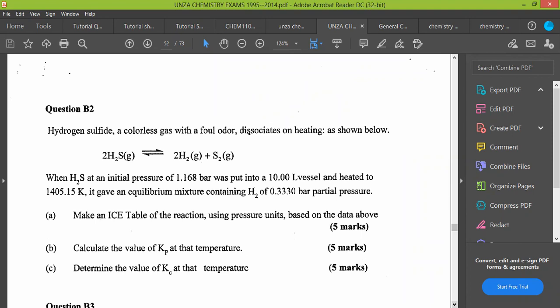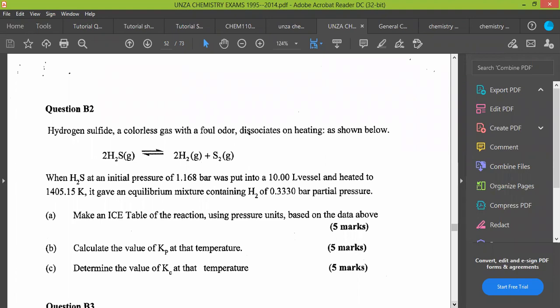Hydrogen sulfide, a colorless gas with a foul odor, dissociates on heating as shown below. So this is what you have. When hydrogen sulfide at an initial pressure of 1.168 bar was put into a 10-liter vessel and heated to that temperature, it gave an equilibrium mixture containing hydrogen of 0.3333 bar partial pressure.